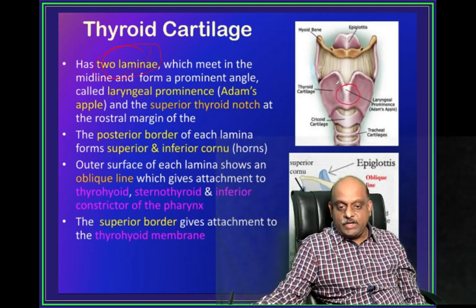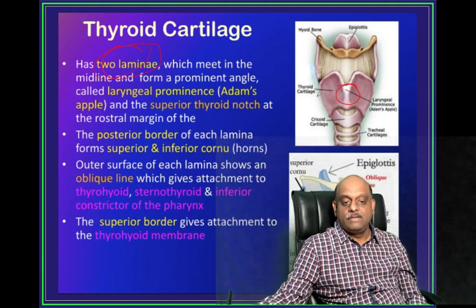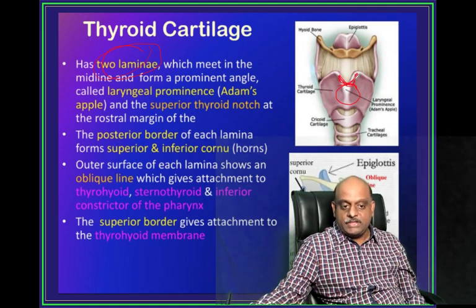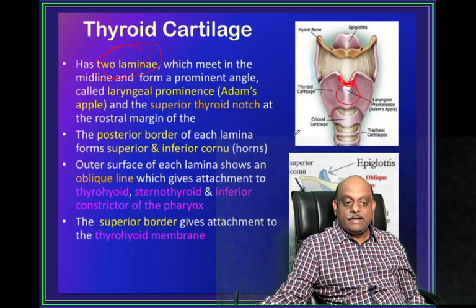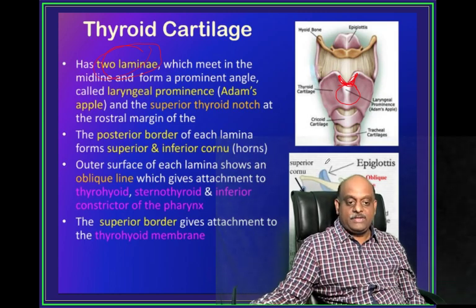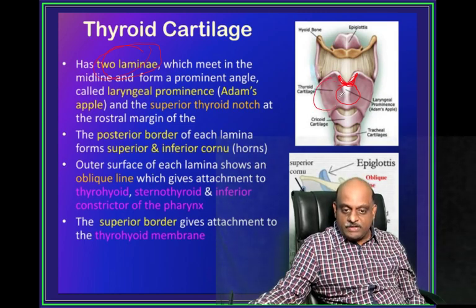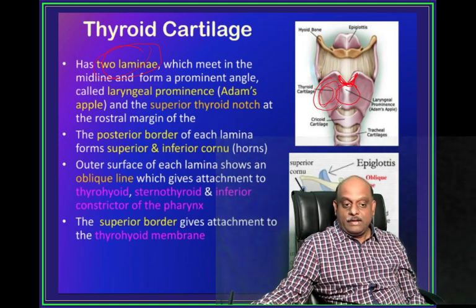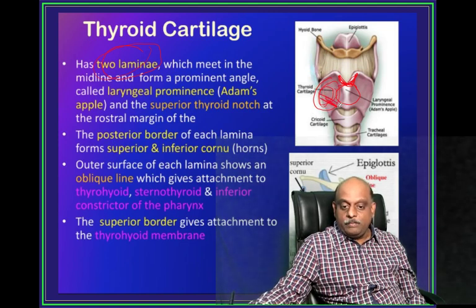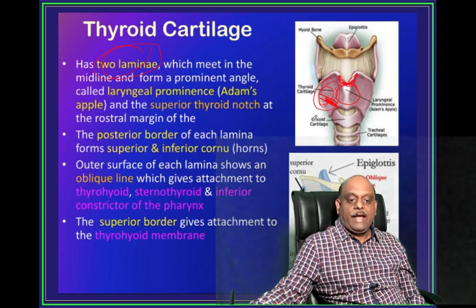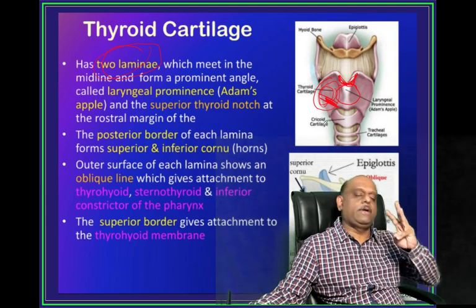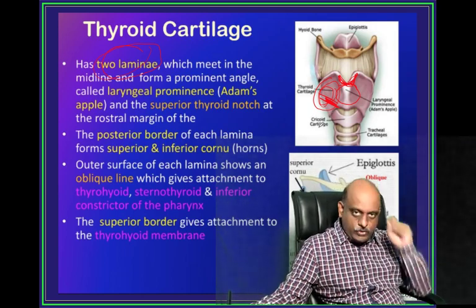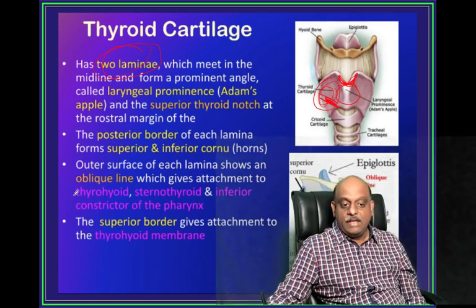There is a laryngeal prominence called Adam's apple, a superior thyroid notch, and typically on the outer surface of the lamina there is something called the oblique line. And this oblique line gives attachment to three important muscles you have to remember for tomorrow's exam.